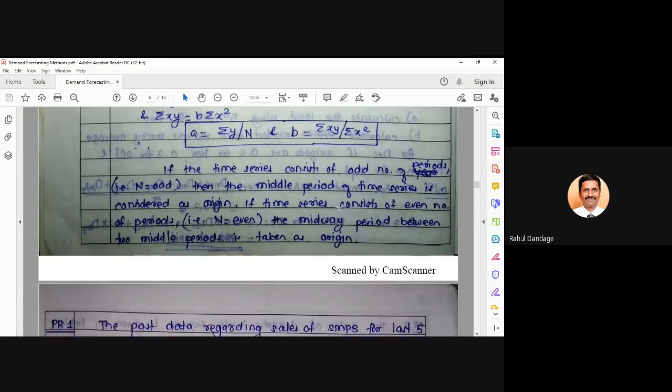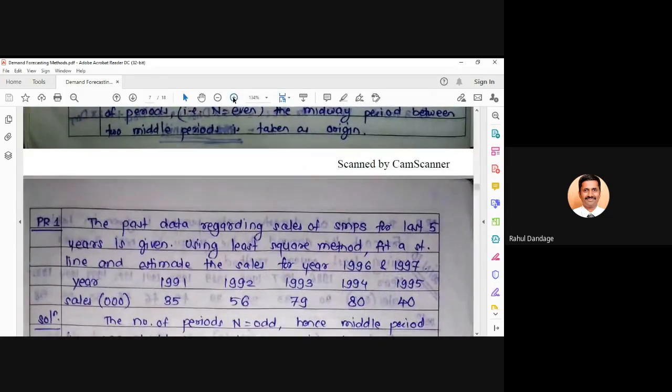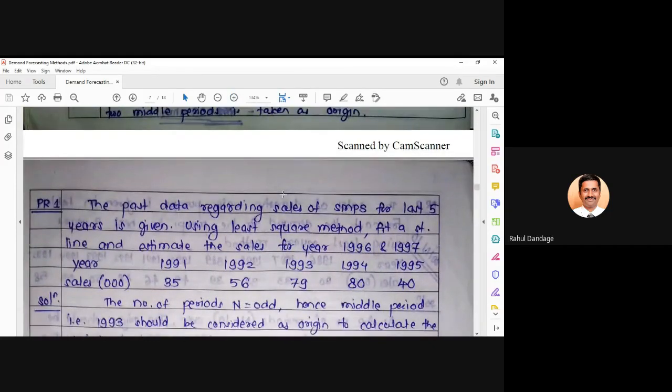So let us go to the problem directly so that you will come to know in detail. The past data regarding sales of SMPS for the last 5 years is given. We are considering the first problem, which involves an odd number of periods. The past data regarding sales of SMPS for the last 5 years is given; using the least square method, fit a straight line and estimate the sales for the years 1996 and 1997.